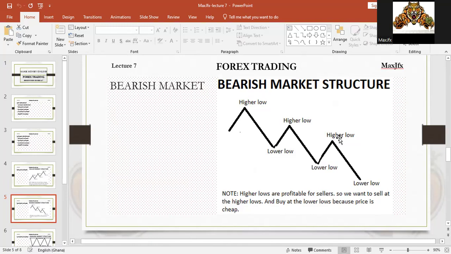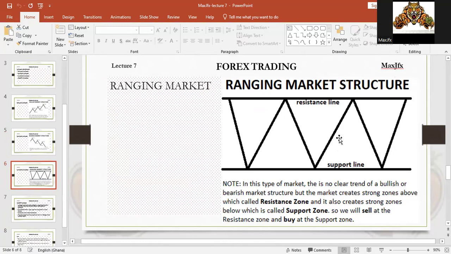So they sell at high and they buy again at low. Do you get it? And they wait, when the price becomes expensive, they sell again. That's what they do and they make profits for that. So higher lows are profitable for sellers. So you want to sell at the higher lows and buy at the lower lows because price is cheap. Yes.